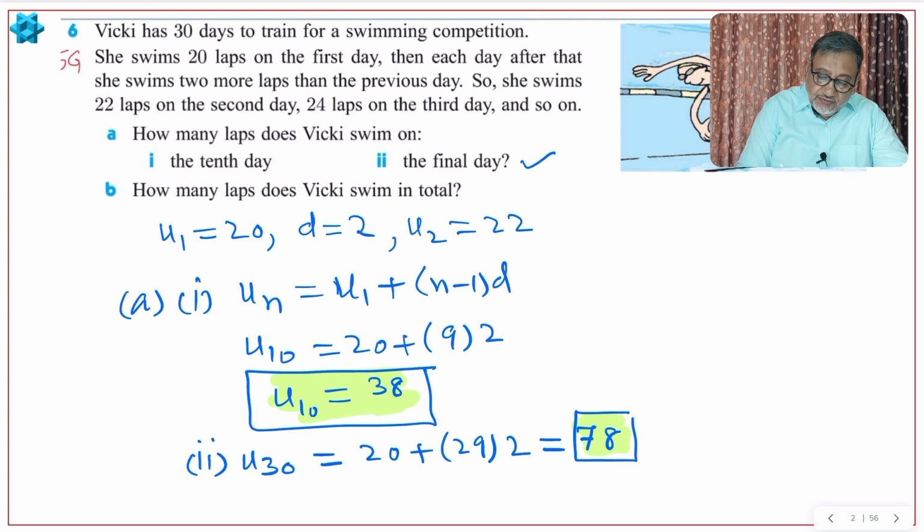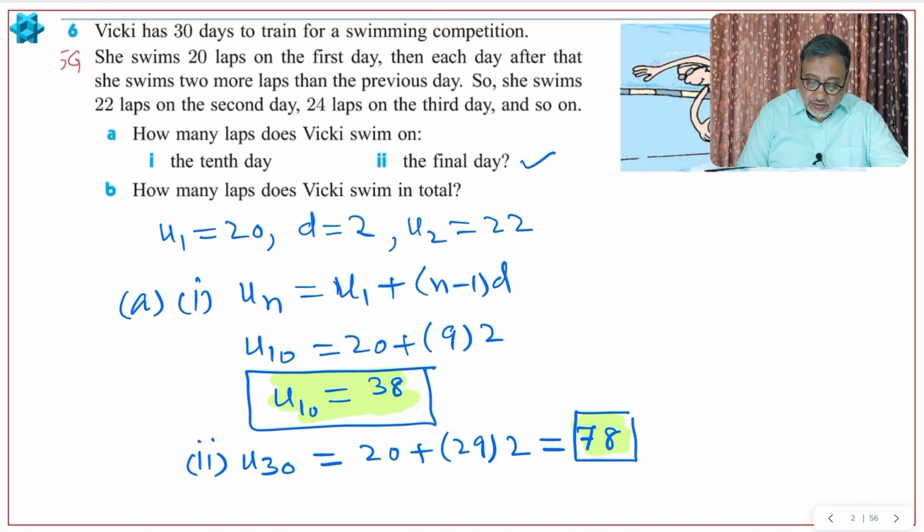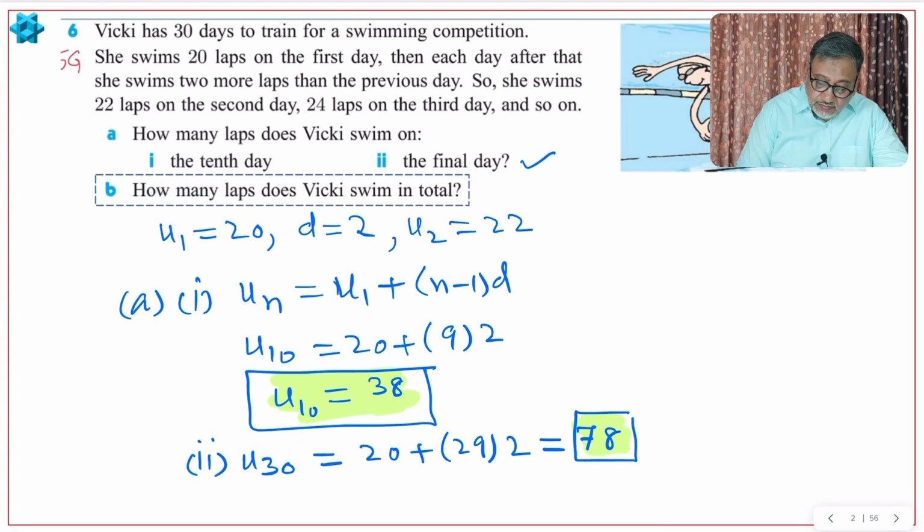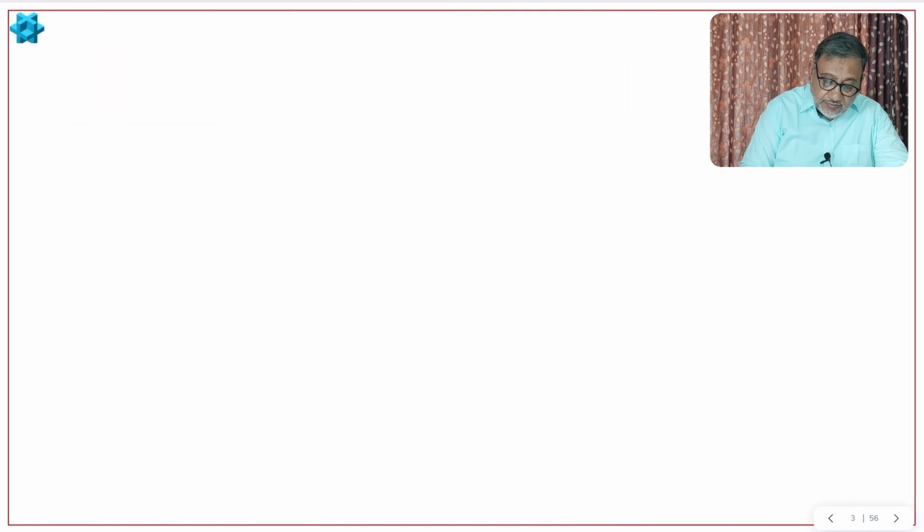Now the second part of the question says, how many laps does Vicky swim in total? In total means Sn you have to find. Is there a space? Let me check. Yeah, there is a space. I will go to the next page, but I will copy this part there.